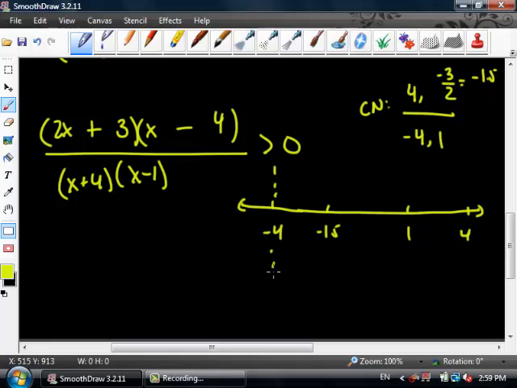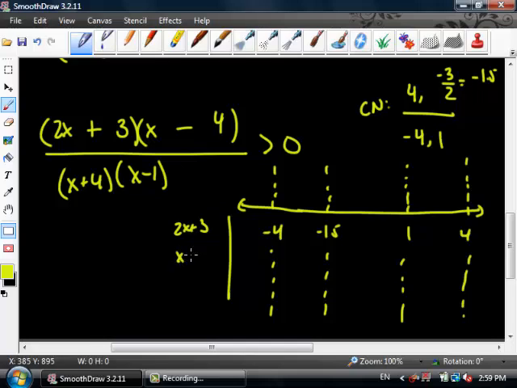So I'm going to partition this downward. And all my functions go in here. 2x plus 3, x minus 4, x plus 4, x minus 1. So now I need a number way to the left of negative 4, so that's negative 5 trillion. All 4 functions are negative.